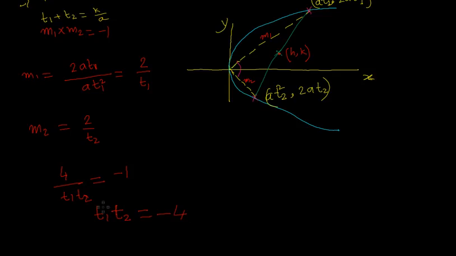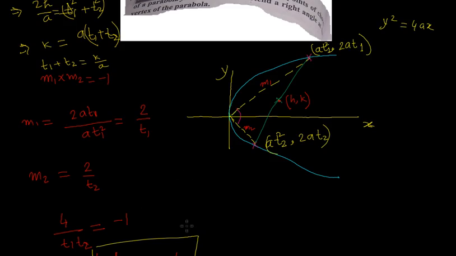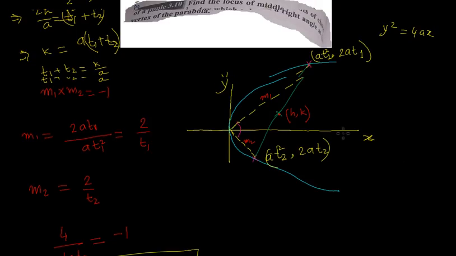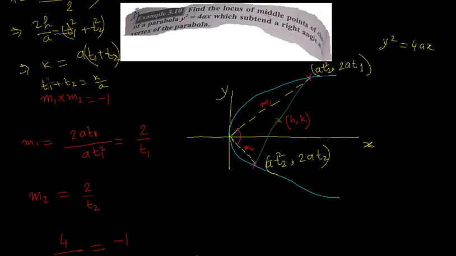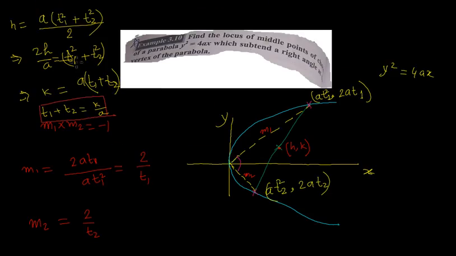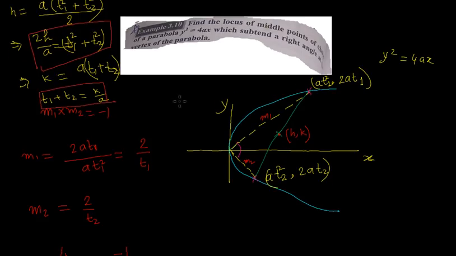So we got three things. One is t1 into t2 equal to minus 4. Here we have a very interesting formula, t1 plus t2, and then here we have t1 square plus t2 square. Now using these three equations, we'll eliminate t1 and t2.